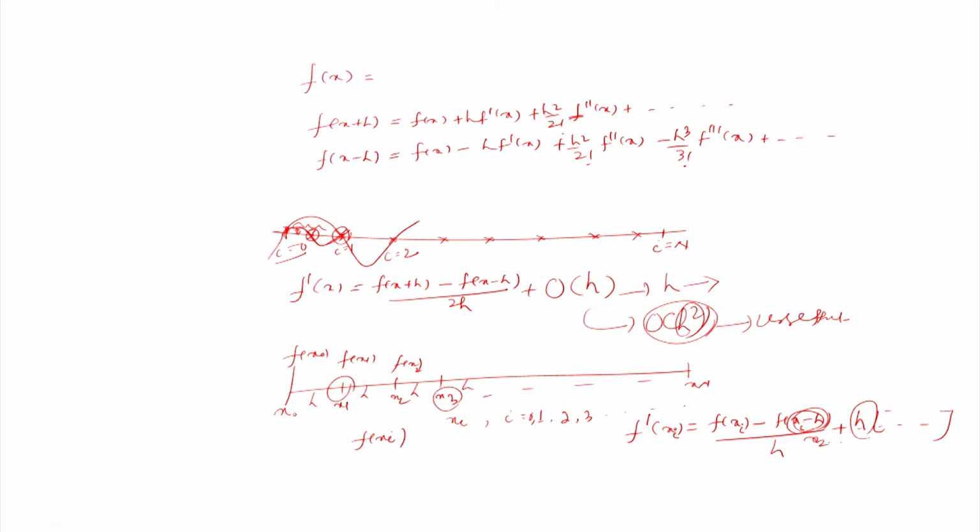So if you want to evaluate f dash of x3, then we can write this as f of x3 minus f of x2 divided by the space length, that is nothing but h here. And in the particular slide, since we are moving in the x direction, we can say that the space length is defined as del x here, that is h equals del x for this expansion.